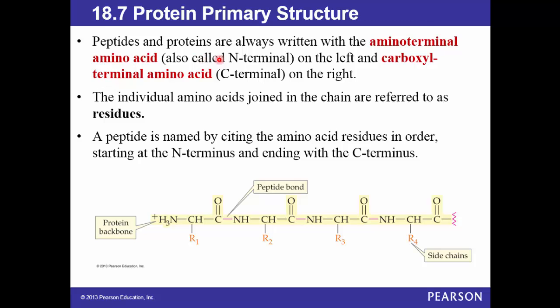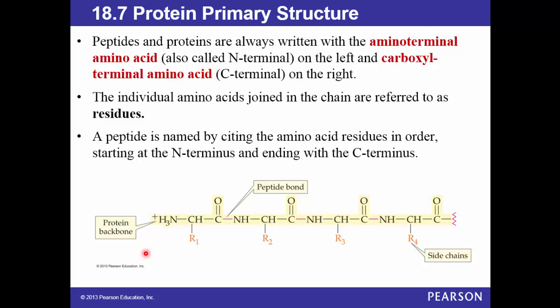Now, again, peptides and proteins are always written with the N-terminal amino acid, also called N-terminal, on the left, as I showed you here, and the carboxyl terminal amino acid, C-terminal, on the right. The individual amino acids joined in the chain are referred to as residues. Here we have R1, R2, R3, R4.